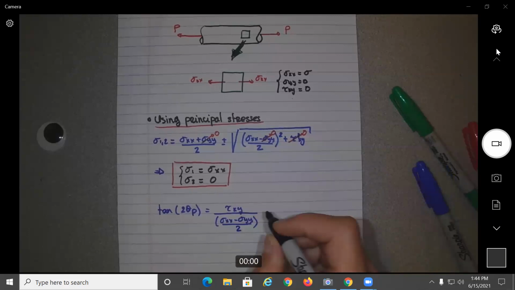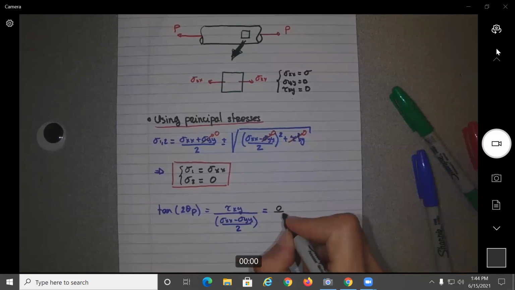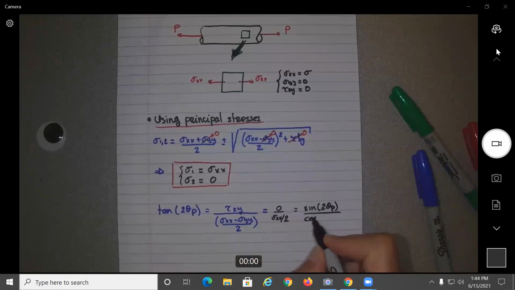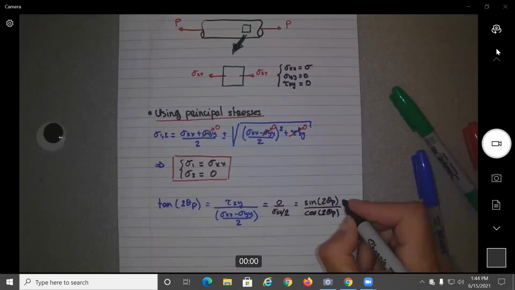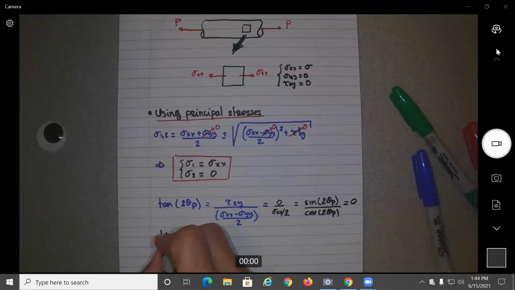So this will give you 0 divided by sigma xx divided by 2, which is equal to sine 2 theta p over cosine 2 theta p. So as before, what do we need? You can just say that this is equal to 0. But if we follow the same procedure as before, we need to solve sine 2 theta p equal to 0.